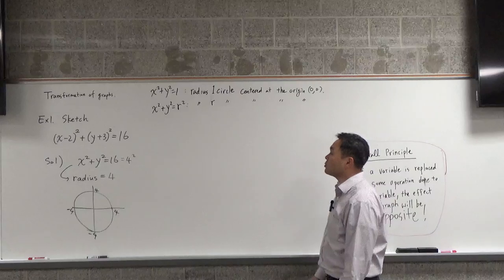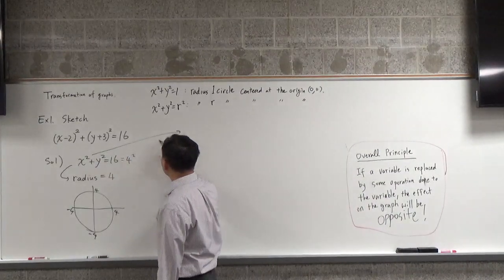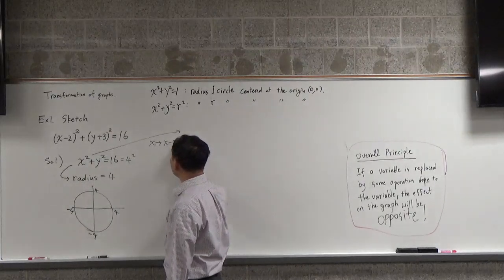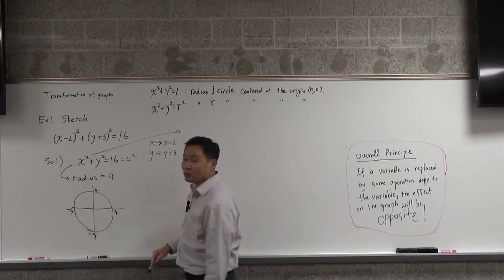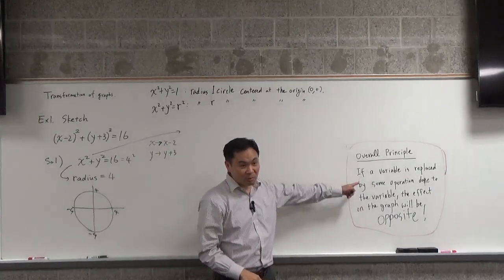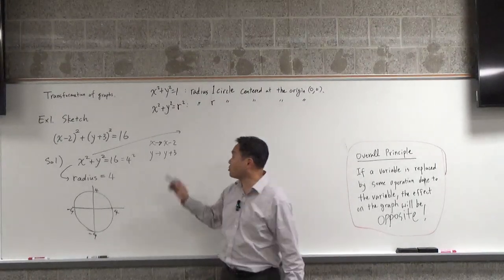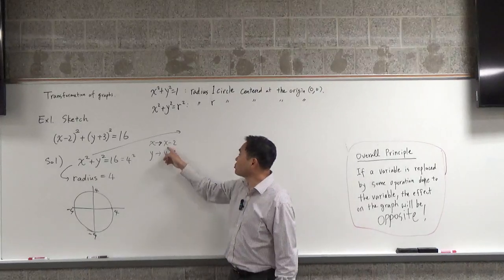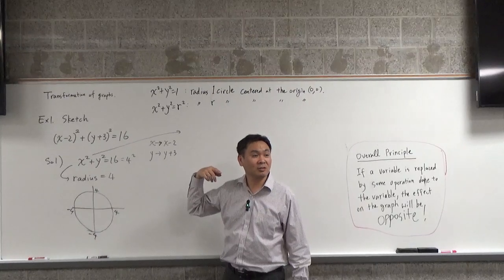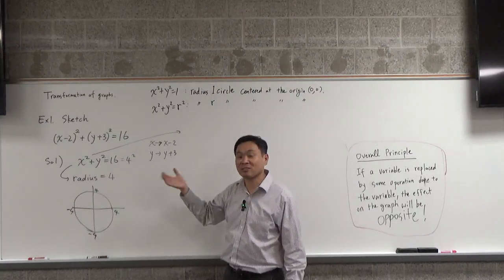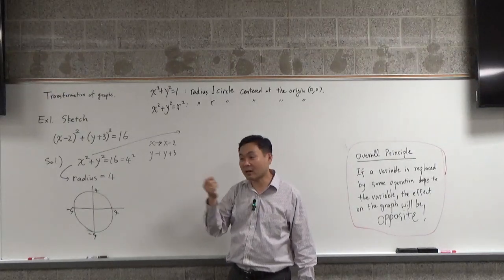Okay, now what we are going to do is I'm going to replace x by x minus 2 and y by y plus 3. And as you do that, we're going to use that principle that the graph will behave the opposite of what you do to the variable. Okay, so if you subtract 2 in the x, that means, yes? It's going to increase by 2 in the x coordinate, which means you're going to move which direction, right or left? Right, right?